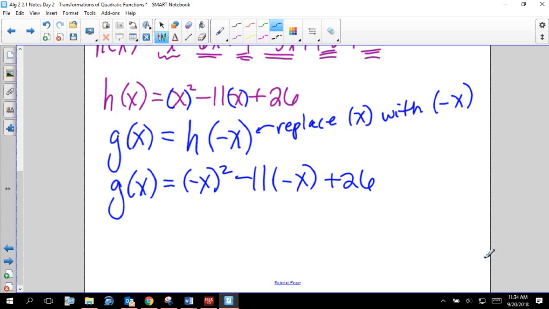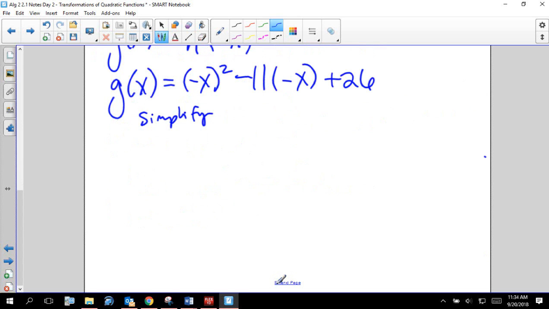And that's really bothering me, so I'm going to simplify it. It's bothering me that there's these parentheses there. So if I simplify negative x squared, if I do negative x times negative x, negative times negative, I get positive x squared.